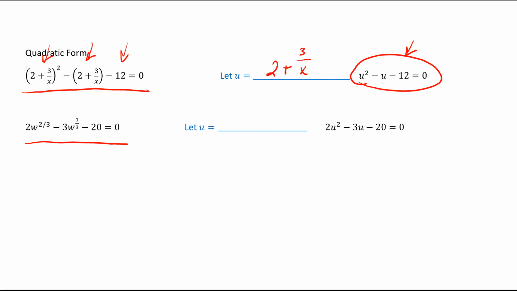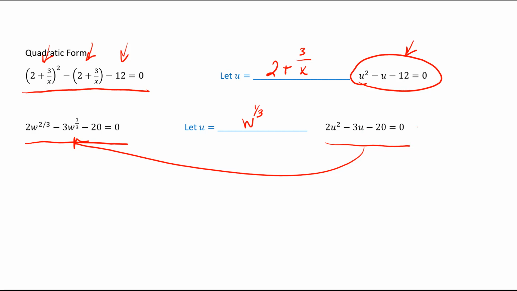But you can see that you've got 2w to the 2/3 minus 3w to the 1/3 minus 20 equals 0. Looks like a quadratic trinomial. So if you let u equal w to the 1/3, then this equation here is what this equation is right here, because it's 2u squared, so 2w to the 2/3, minus 3u, so 3w to the 1/3, minus 20 equals 0.